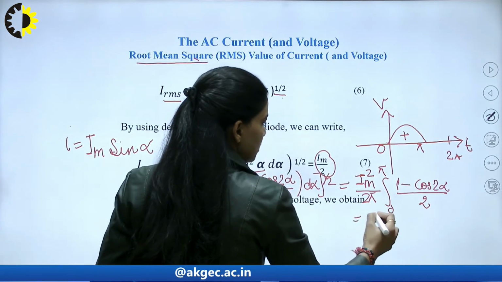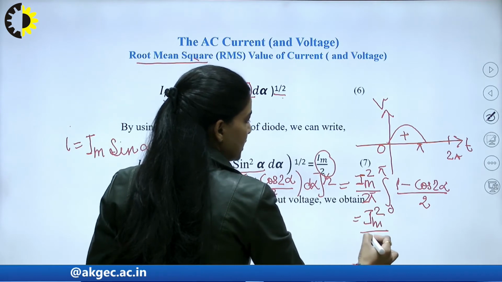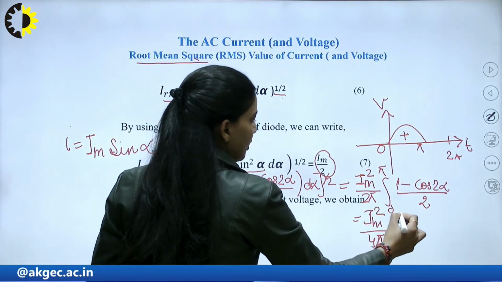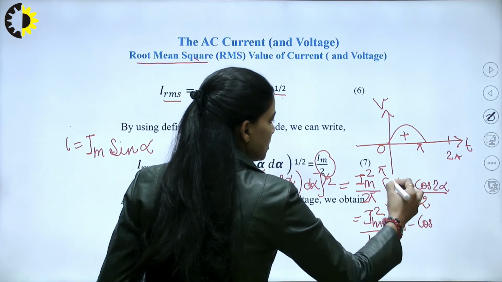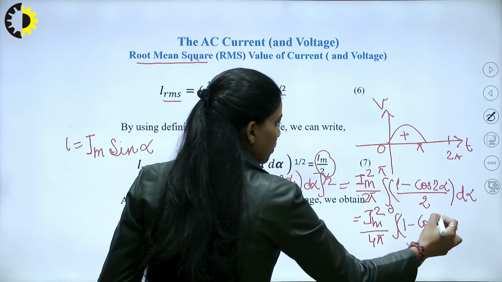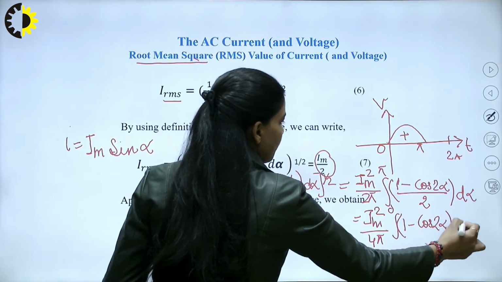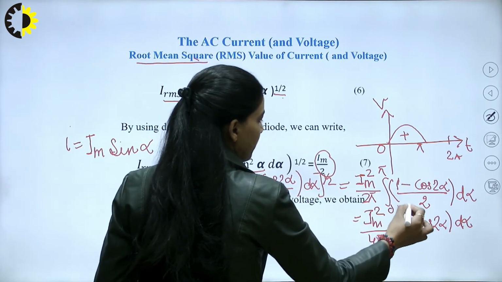Again taking 2 common, I can write it as 4 pi, and in integration I will be having 1 minus, here d alpha will also be there. So, 1 minus cos 2 alpha into d alpha, limits will be 0 to pi.